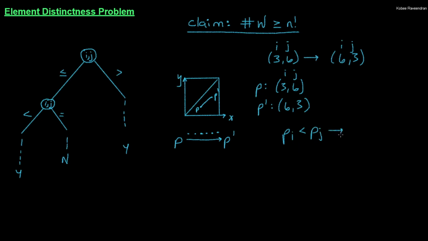Which means that P sub i minus P sub j should be less than 0. A small number minus a larger one is a negative number. Now if we take a look at P prime, P prime sub i is greater than P prime sub j, 6 greater than 3. So if you do the same thing, we find that P prime sub i minus P prime sub j is going to be greater than 0.